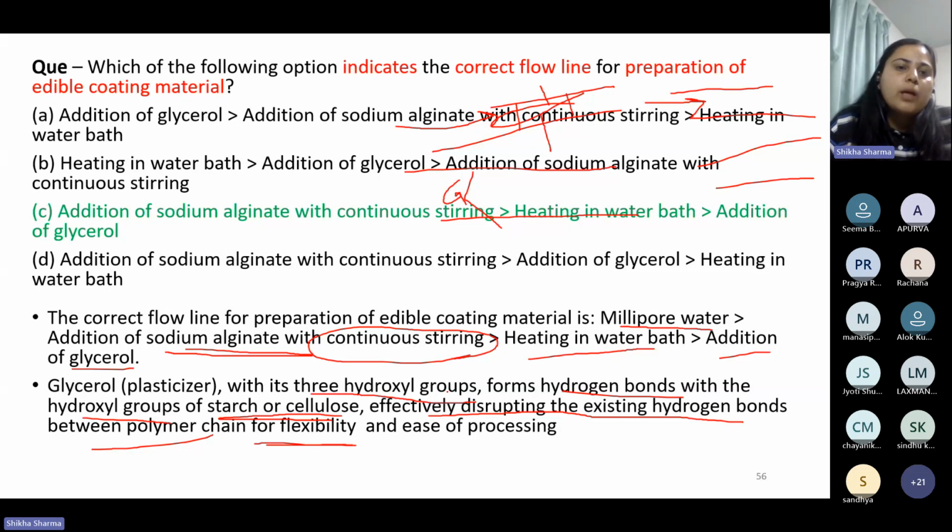Sodium alginate is one of them, pectin is another. Sodium alginate is also in the research phase. Some researchers are applying it on strawberry, some on oranges, mandarins.